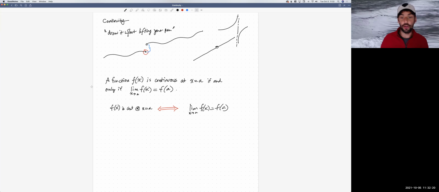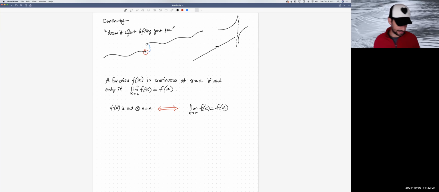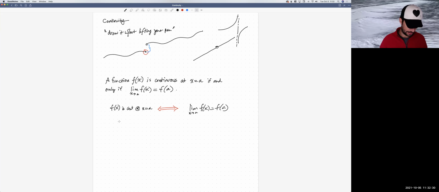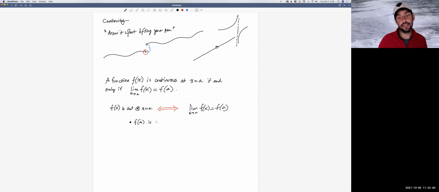Okay, so this means three things, right? There are three things implied in this statement, and then we'll look at some examples. This implies that f of a is defined, right?